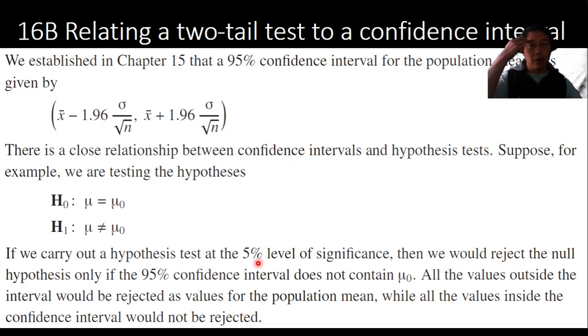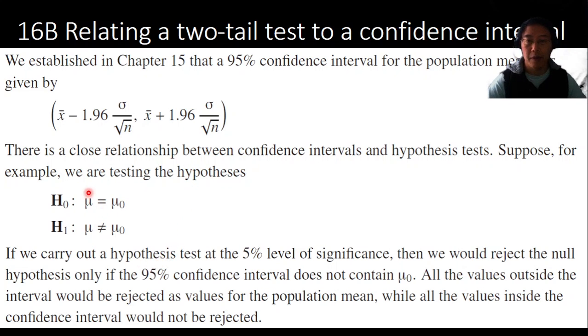All right, now how do we relate that two-tail testing to a confidence interval? Just remember that from the 95% we relate to that, which is your margin of error, and there's a link between the two.